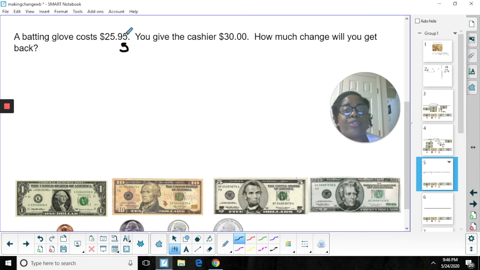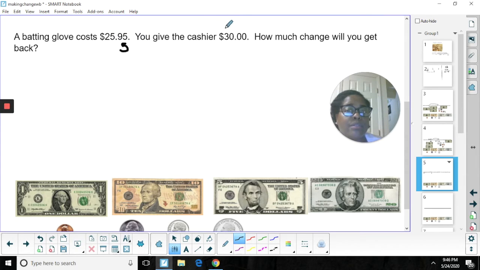And 5 and 5 is going to be what? 10, right? Because this is already 9. So how much money will we get back? 5 cents. You're exactly right. Because when we count up, this becomes 25.95, and then we're counting by 5, 95, 100.